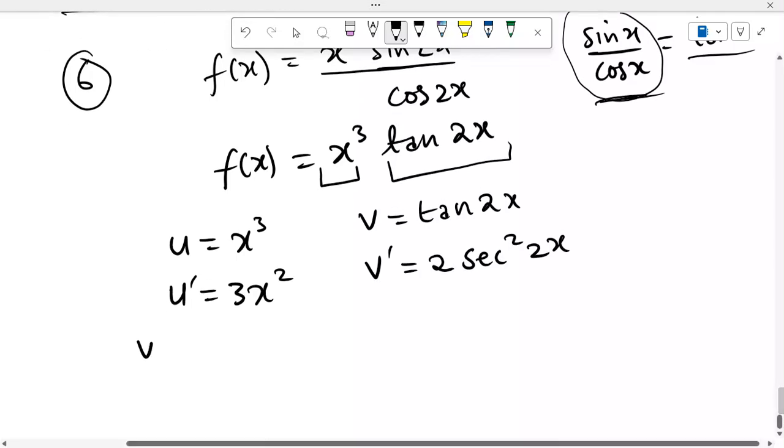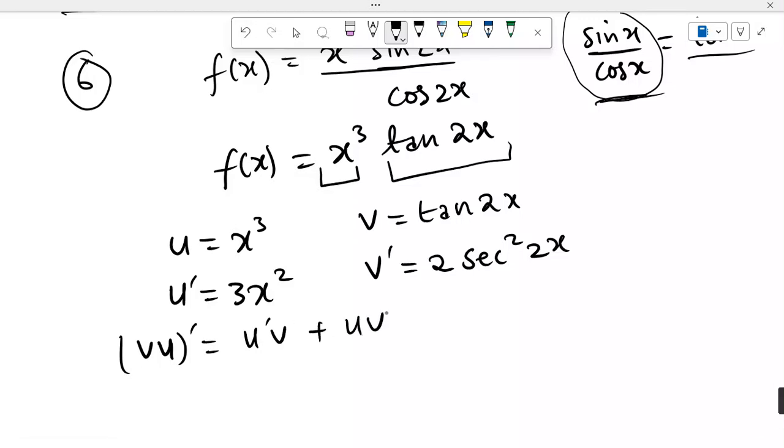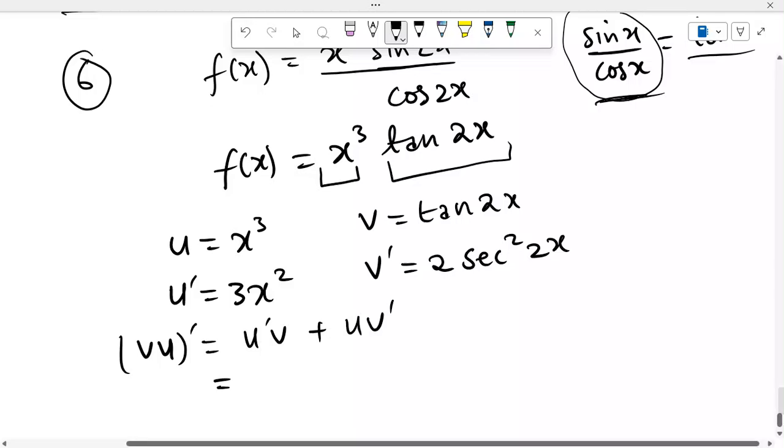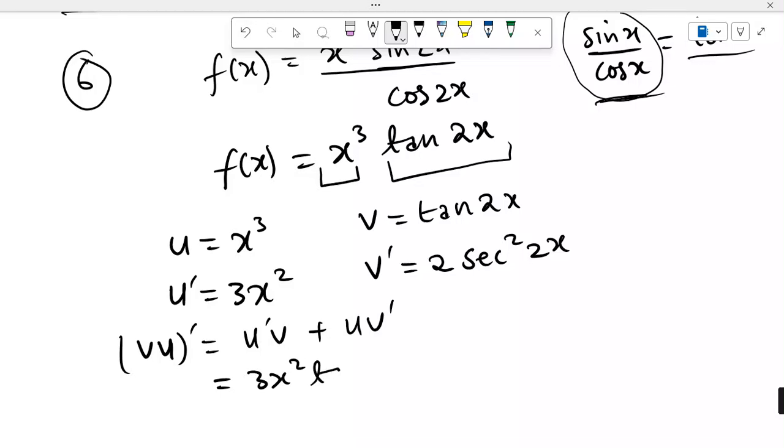Okay, so now we have uv prime, which goes to u prime v plus u v prime. So what's your u prime? U prime is 3x squared. What is v? Tan 2x. Plus, what is your u? x cubed.